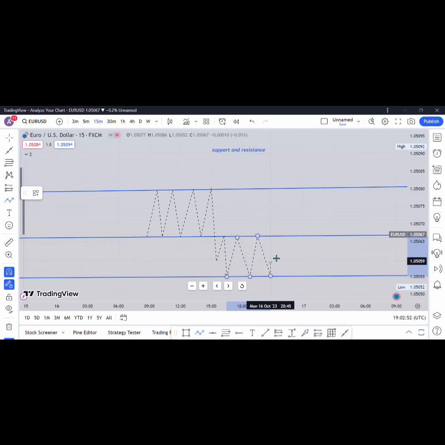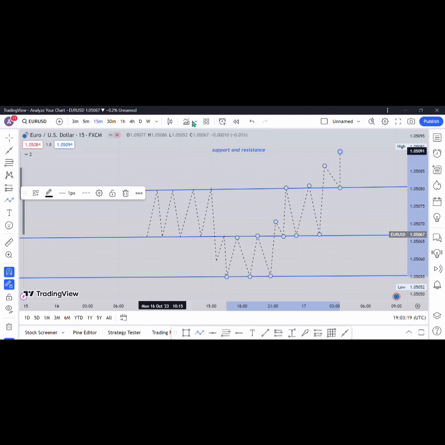You see price just push through, just broke its resistance. And here becomes your support, because it's now from here pushing price to the upside. And now this resistance is still respected, but then you see price just break, and here becomes your support, and it just keeps going. So this is just a simple illustration about support and resistance.